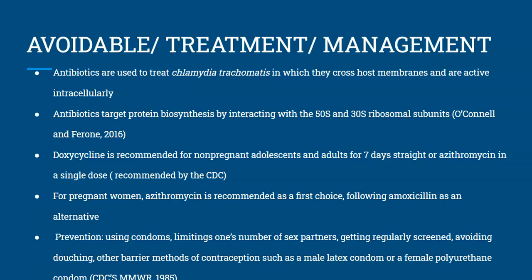Doxycycline is a type of antibiotic that is recommended for non-pregnant adolescents and adults for 7 days straight, or azithromycin in a single dose. For pregnant women, azithromycin is recommended as a first choice, followed by amoxicillin as an alternative.